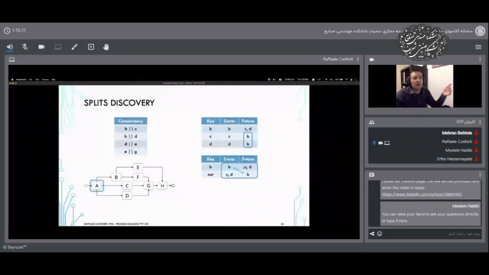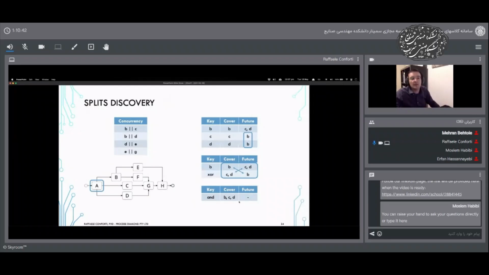What this is telling us is that sometimes I see doing B and then CD, and in this row I see doing CD and then B. What we've seen before, this type of behavior, where you can do them in any order, means that we have an AND gateway. And we repeat this operation until we are left with only one single row.